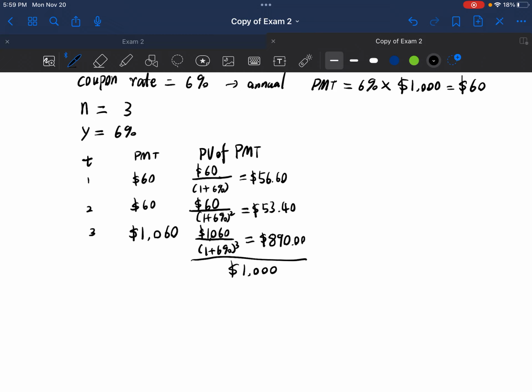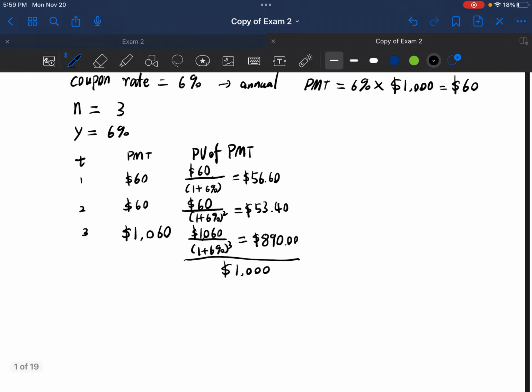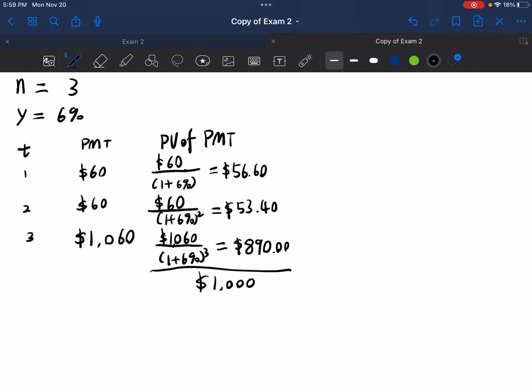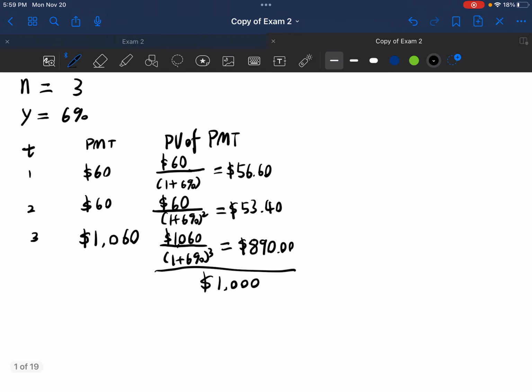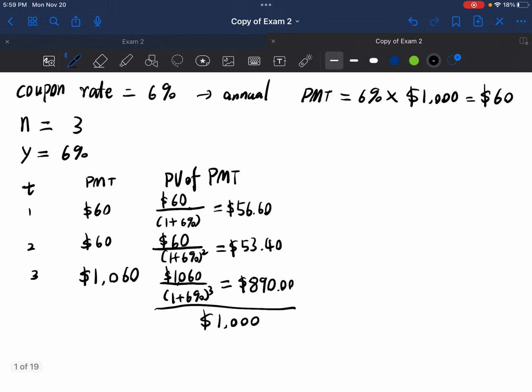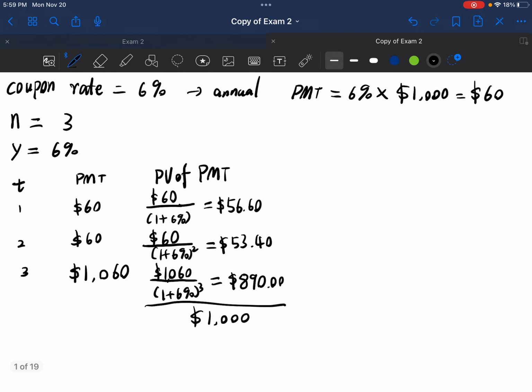Why is it $1,000? Because this bond has a 6% coupon rate, and the yield to maturity is also 6%. When these two are equal, the present value of this bond should equal its principal.